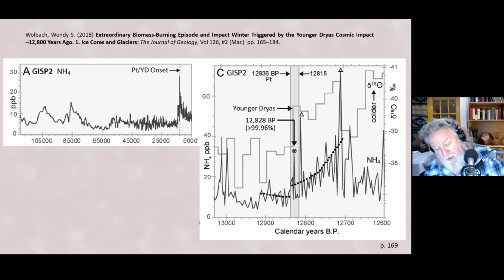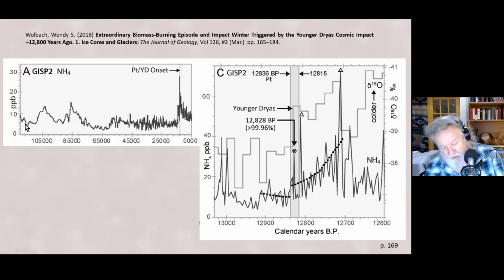This is from A, which is going to be NH4, ammonium, right? Now ammonium is a proxy for biomass burning. Biomass combustion produces a suite of these various substances. One of them is ammonium. So NH4 was produced. Notice right here, look at the amount of ammonium that's deposited in the ice.